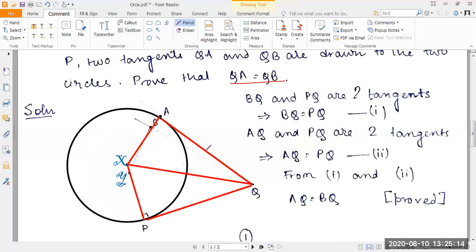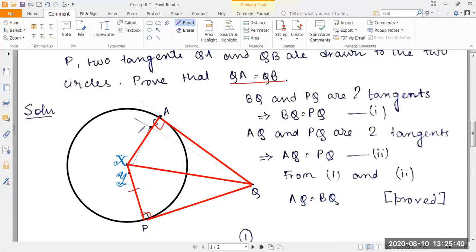Since AQ is tangent to the circle, XA is perpendicular to AQ, so this is a right angle. Similarly, this must also be a right angle since XP is the radius of the circle whose tangent is PQ. So these two angles, XPQ and XAQ, are equal.